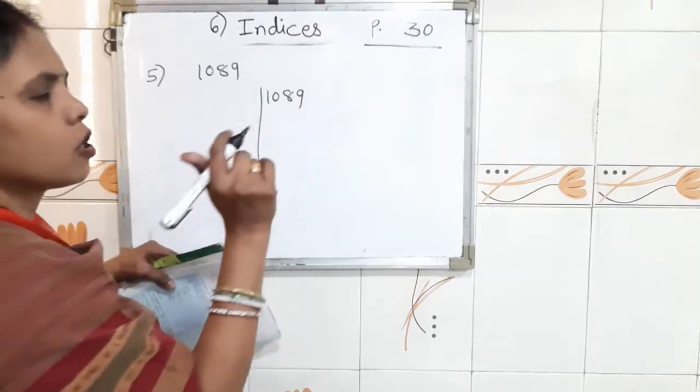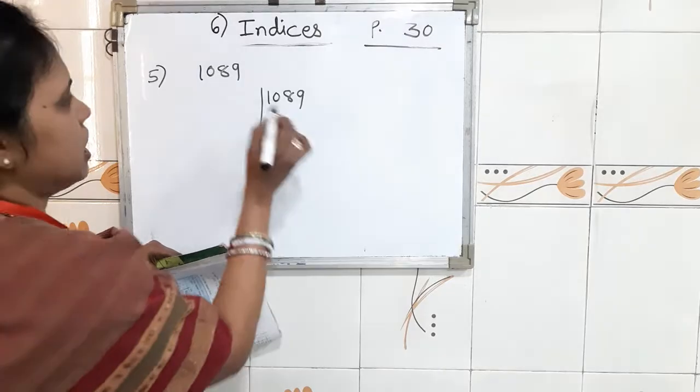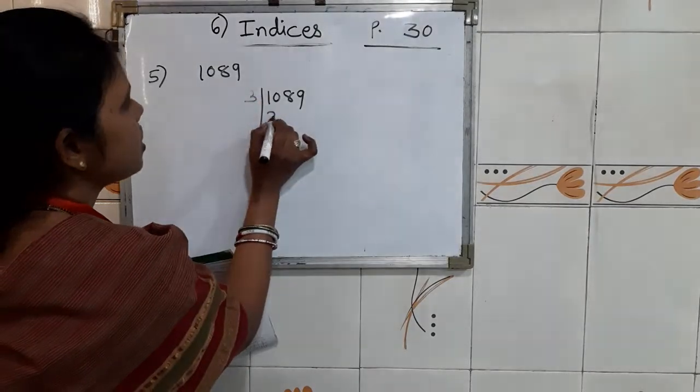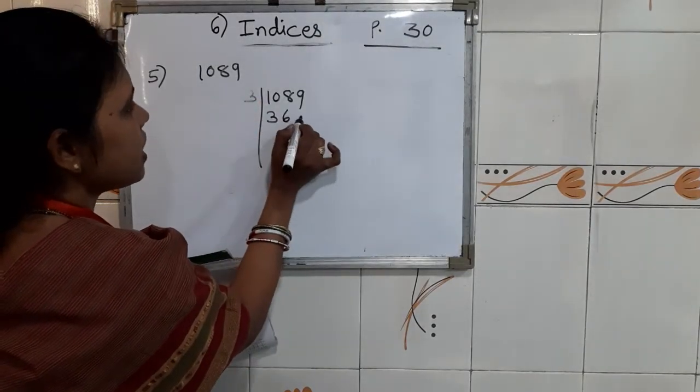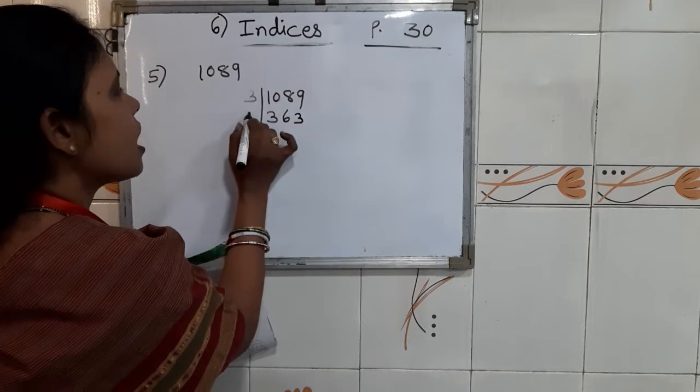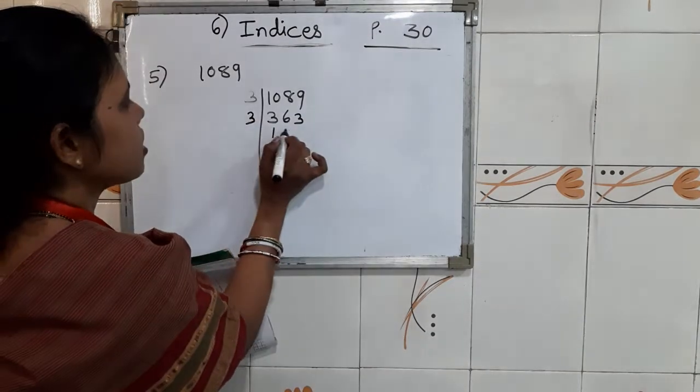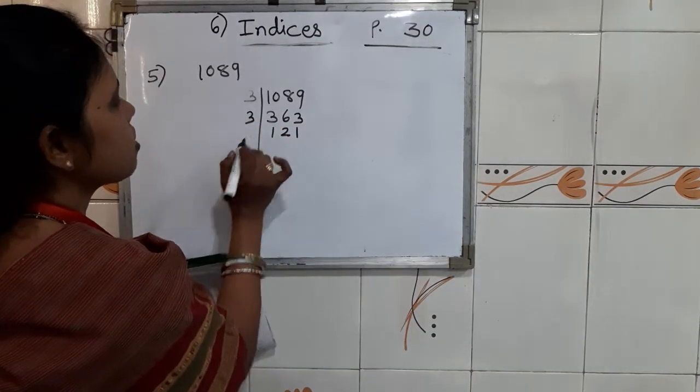the whole number by 3. 3 3s are 9, 3 6s are 18, 3 3s are 9. Again by 3, 3 1s are 3, 3 2s are 6, 3 1s are 3.